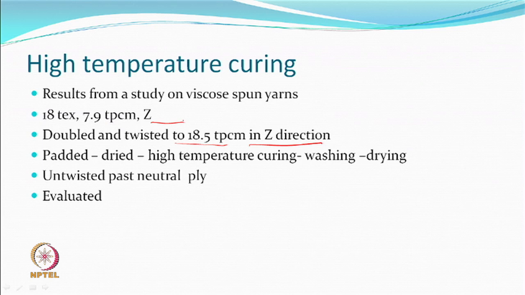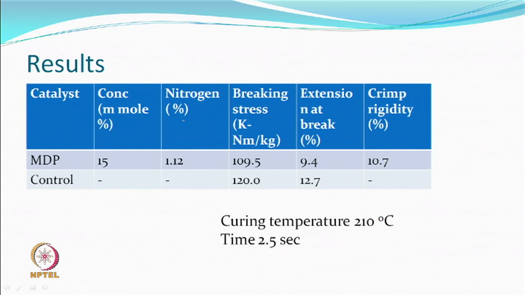So, you pad, dry, and cure at high temperature, that means you are going for padding, drying and higher temperature curing. Then washing and drying, untwist, pass the ply and then see some of the properties. So, some results here: curing temperature 210, time was 2.5 seconds. The catalyst here is magnesium diiron phosphate, which means this is a phase separation catalyst, all right.